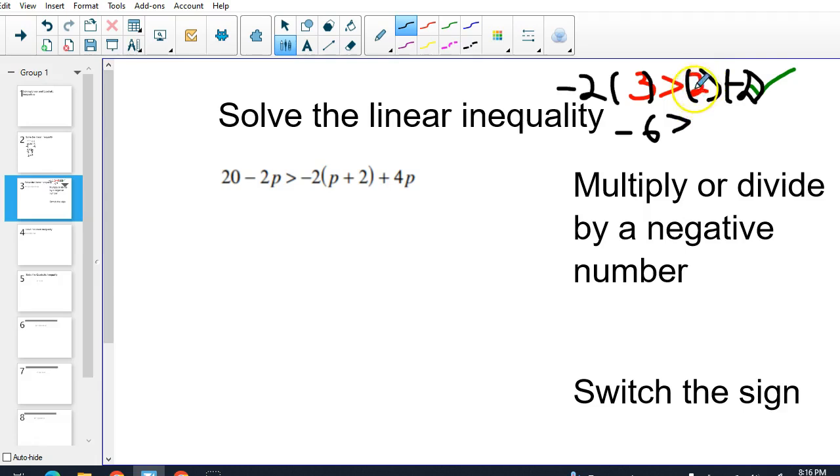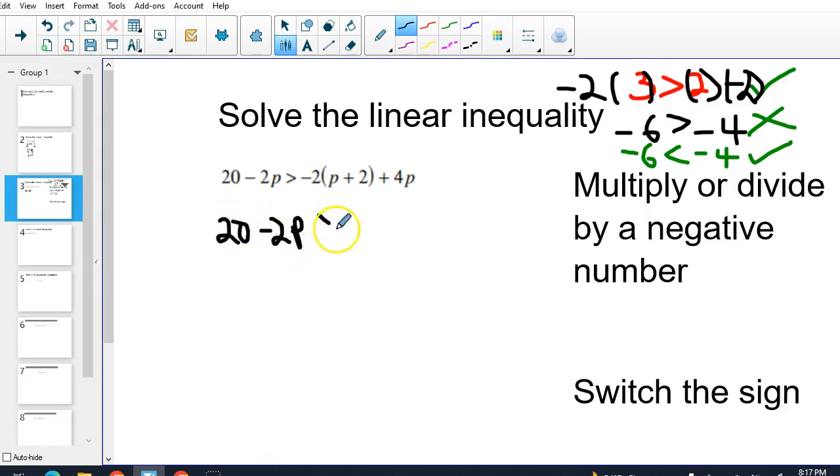It's greater than 2 times -2, which would be -4. But since -6 is a larger negative number, this is incorrect. -4 is actually greater than -6. So what's happening is when I multiply or divide by a negative number, I need to switch the direction of that sign. Let's see an example where that happens.